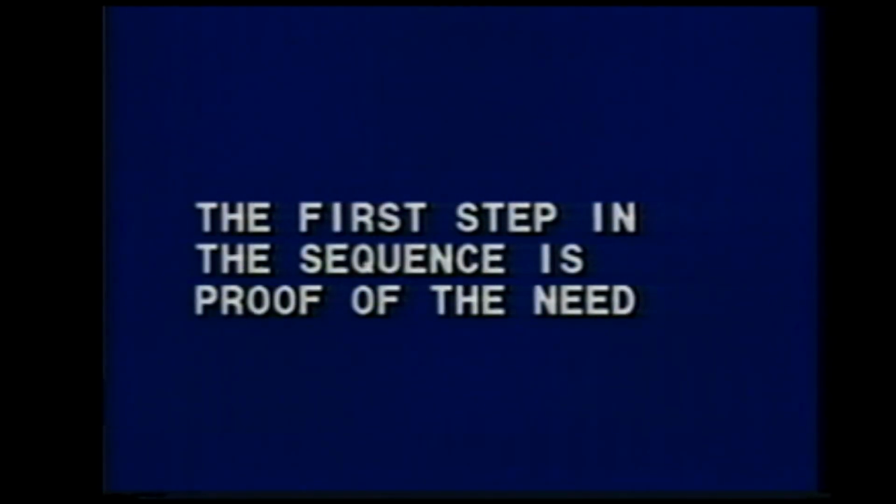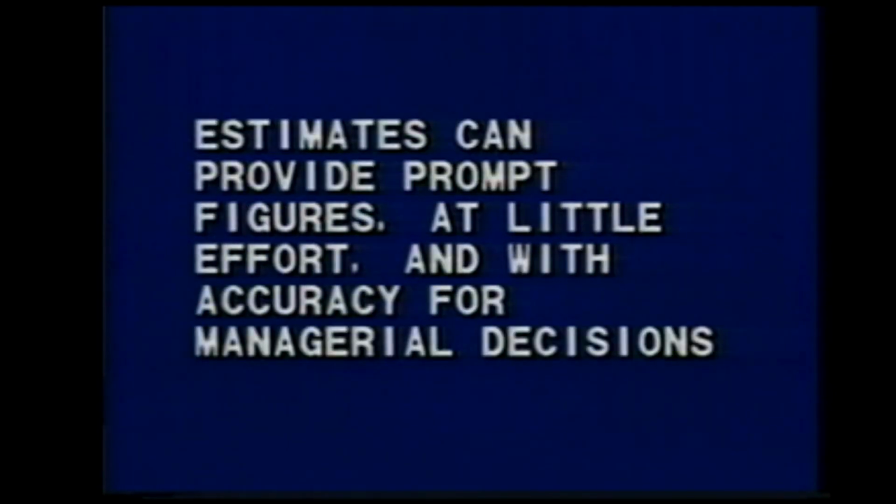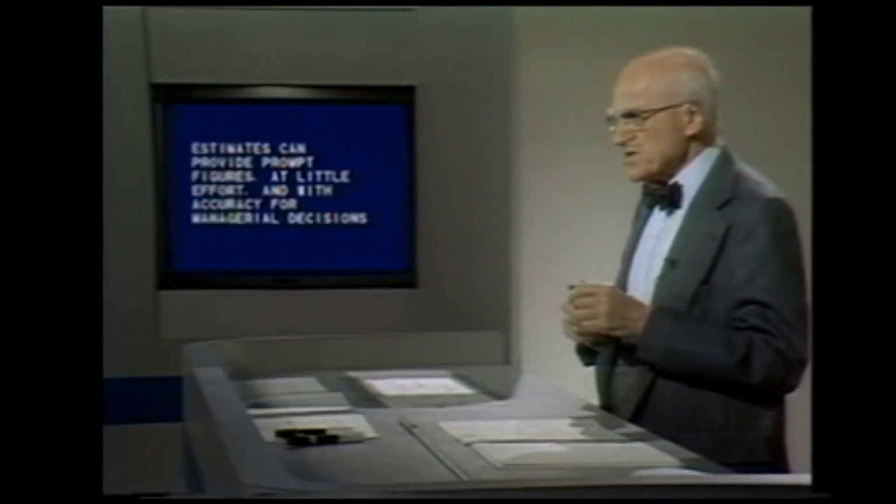The first step in that sequence is proof of the need. The language of money helps to prove the need to upper management. Estimates can provide prompt figures at little effort and with an accuracy adequate for managerial decision-making. So much for the high points of this session.